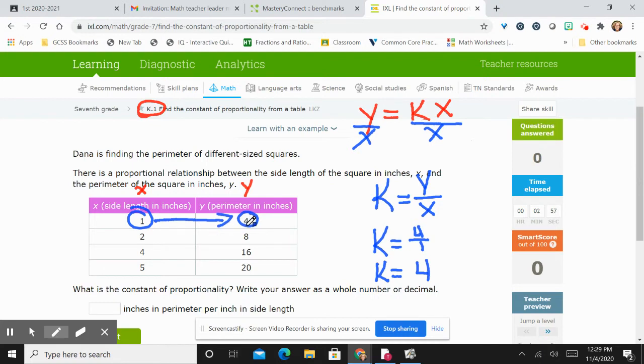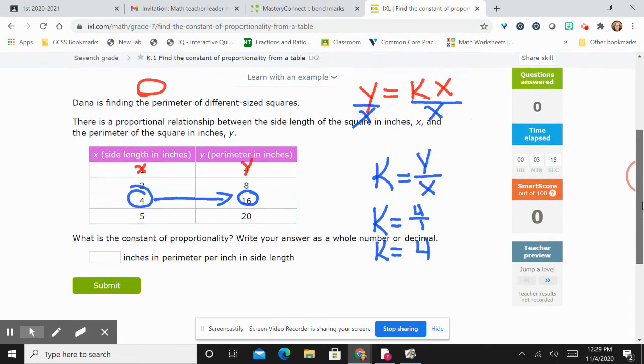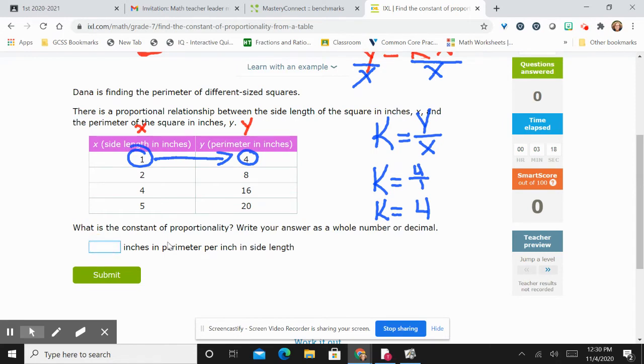So the constant of proportionality is we're going by 4. 1 is 4, 2 is 8, 4 is 16, 5 is 20. So my answer here would be 4. So I put 4 in there.